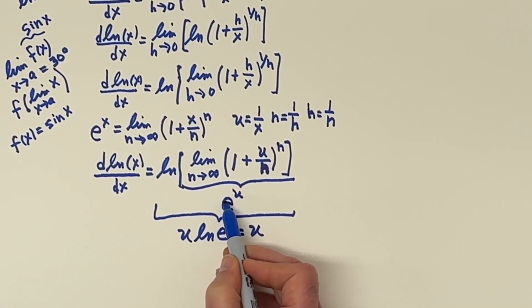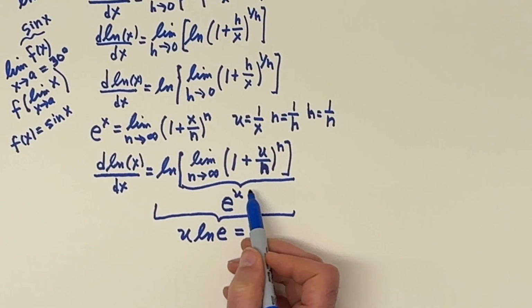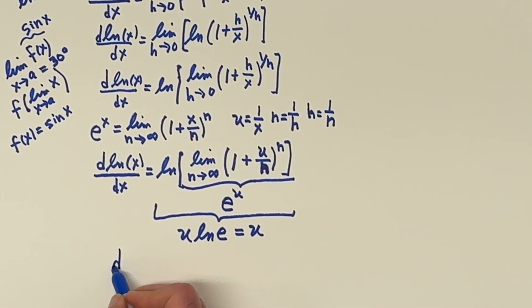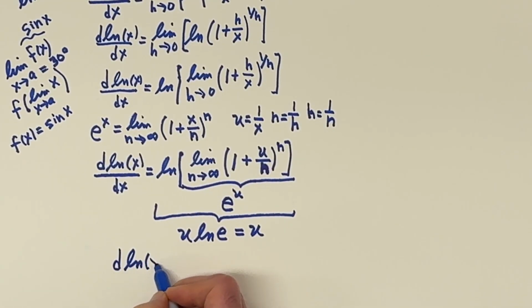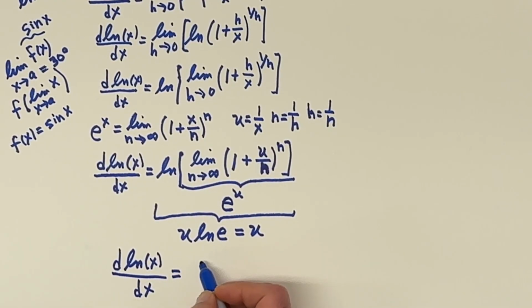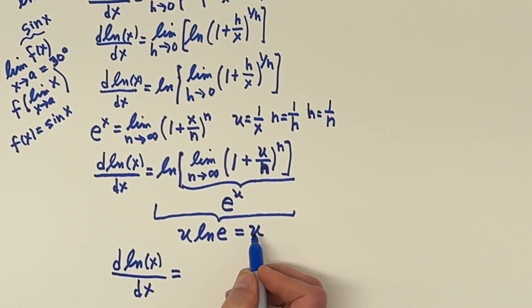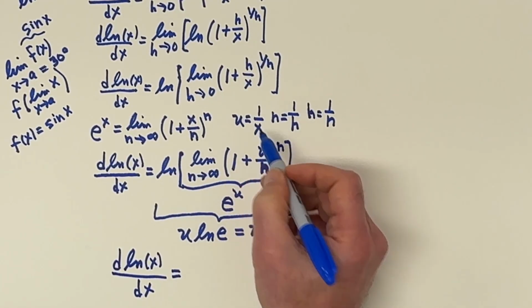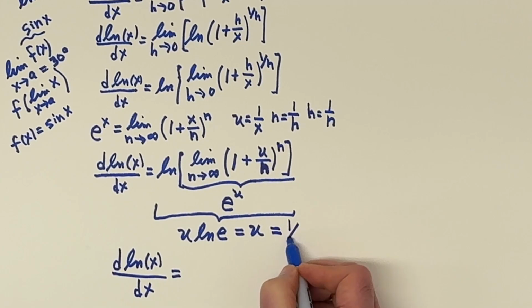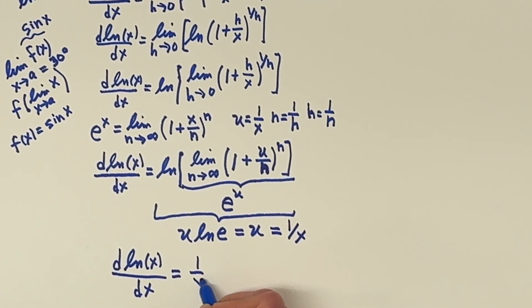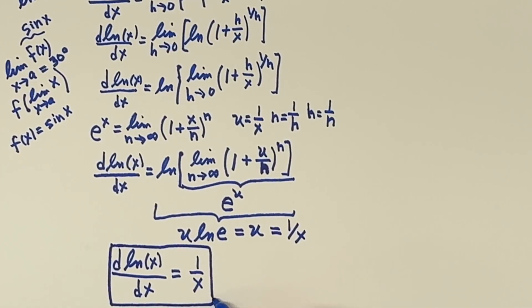If you take the natural log of e to some power, you get simply that power. So the derivative of the natural log with respect to x is equal to u, but u is 1 over x. This is 1 over x, and we have the answer a third way. This is marvelous, to be able to see three derivations of the derivative of the natural log.